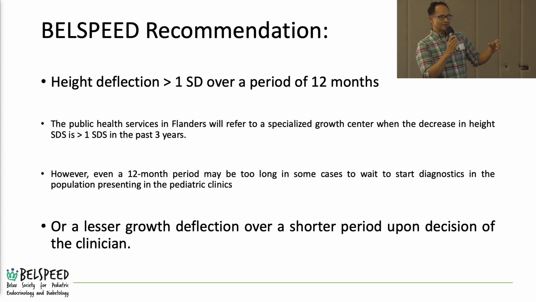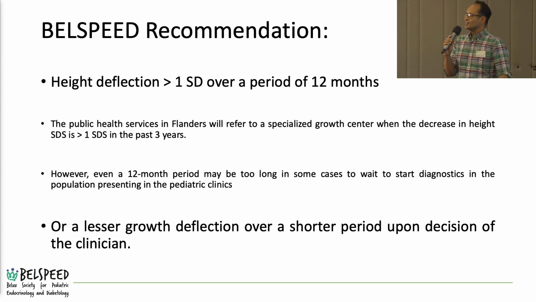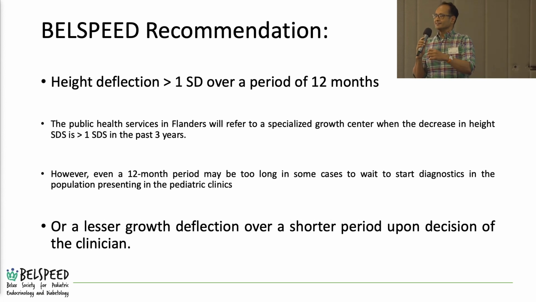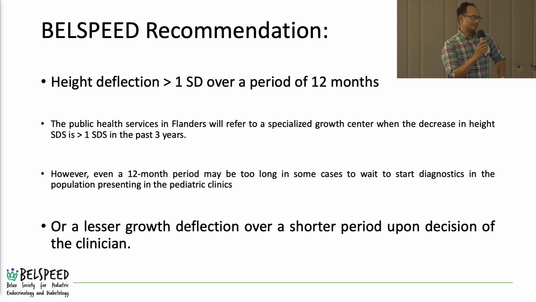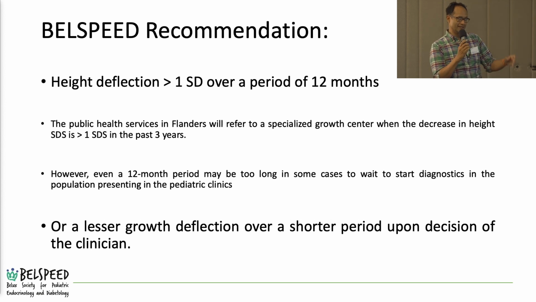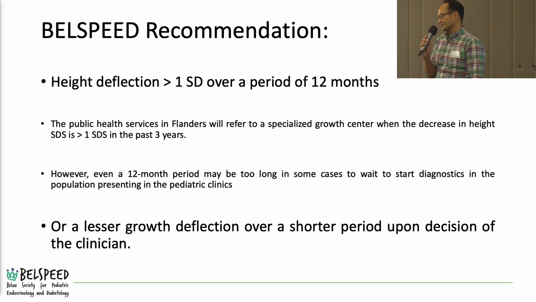And also because of the recommendations made by pediatric endocrinologists, we do feel we get not the first patient, but we get more referred patients. So that 12-month period may be too long in some cases. So we left that up to the clinician whether to start investigations or not.